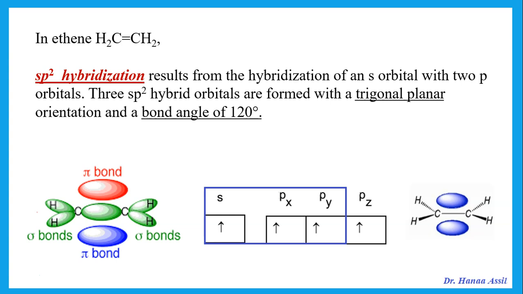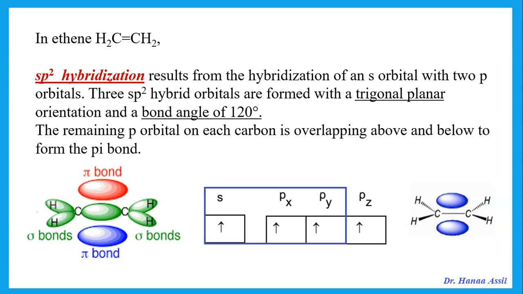Well, for each carbon, we still have 1 extra electron in the p orbital, the pz now, and that remaining p orbital on each carbon will overlap to form the pi bond between the 2 carbons. So if we have 3 sigma bonds, the hybridization is sp2, trigonal planar, bond angle 120.